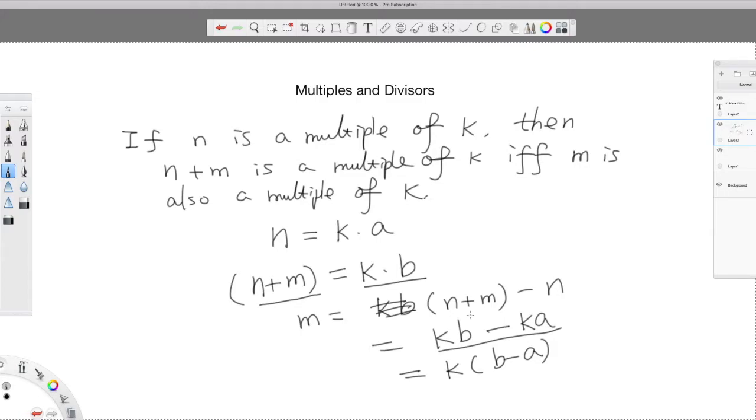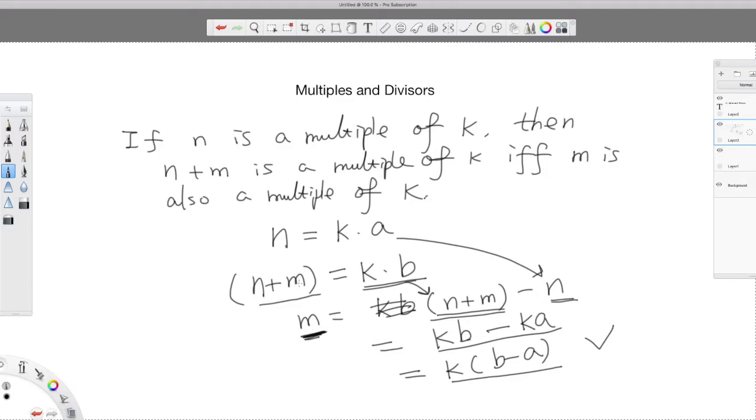All right, this actually uses a bit of algebra, so let me go over this again. We want to find out if m is a multiple of k. m can be written as n plus m minus n. And why do we break it into n plus m minus n? Because n plus m, we know that it's a multiple of k, so we can plug in kb. And n, we already know, is ka. So we plug in kb minus ka, and using the distributive law, k times (b minus a) is a multiple of k.